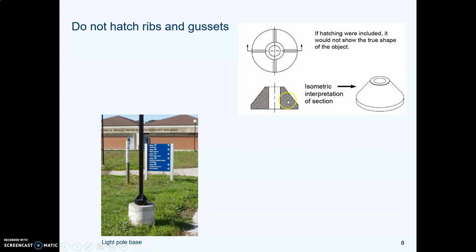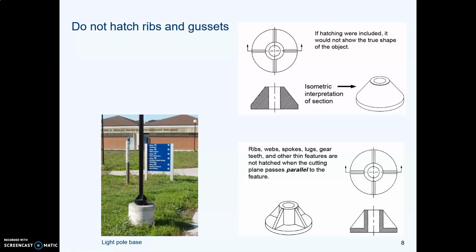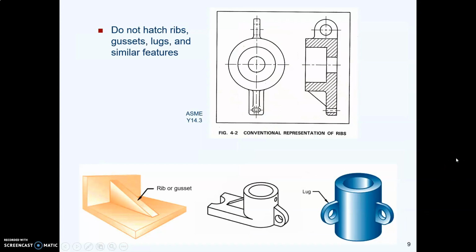If the reader looked at that hatching, they would think, oh, looks like that's a solid cone, and that's not what you're trying to communicate. So that's why ASME says, if you have things like ribs and gussets and webs and that sort of thing, you do not hatch them, you just hatch the main body of the thing, not the ribs and gussets.